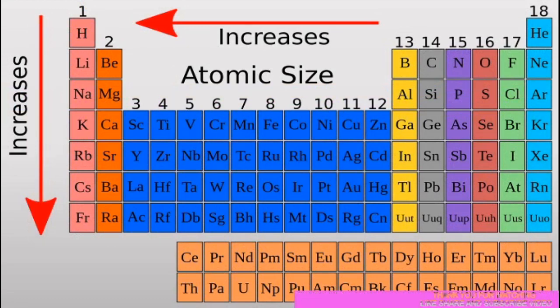Here you can see from right to left atomic size increases, but if you consider left to right, the size decreases. Again, from top to bottom the atomic radius increases, but from bottom to top the atomic radius decreases.